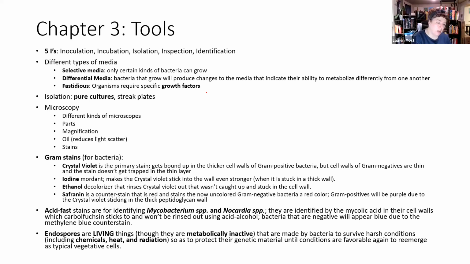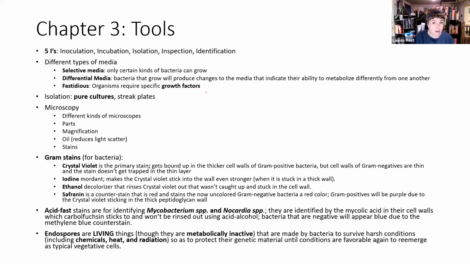We have differential media. Basically, most things can grow on it, but based on whether or not it can use whatever additive you put into that media, it'll cause a color change. So what we see with mannitol salt agar, going back to that, because it is both selective with the salts and differential. Basically, there is mannitol sugar that can be broken down by bacteria.